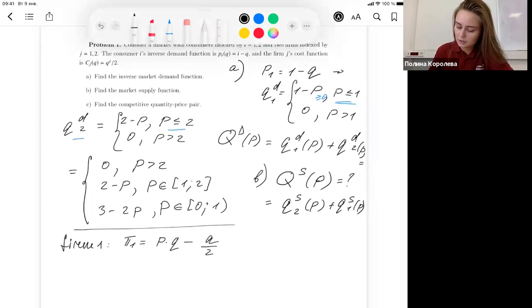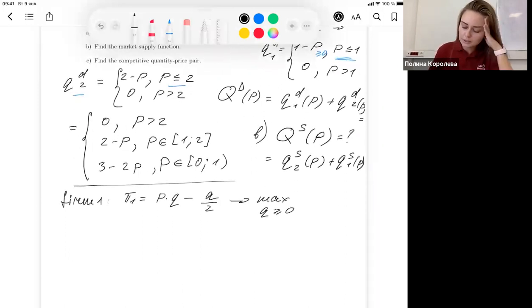Yes, and this we should maximize by choosing quantity greater or equal than 0. Here we see that profit is a linear function. Yes, profit. Okay, let's do like this: P minus 1/2 multiplied by quantity. This is the profit of the first firm, and we see that this is linear function.